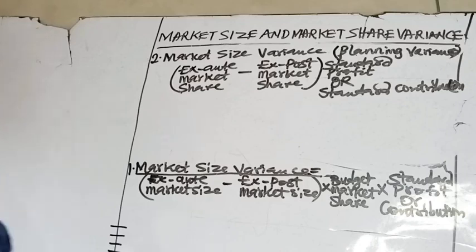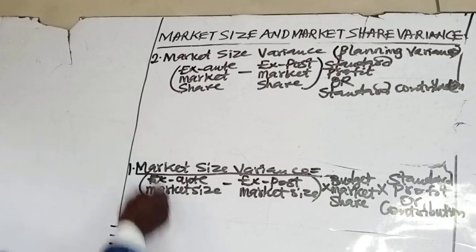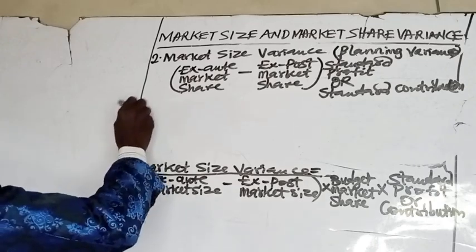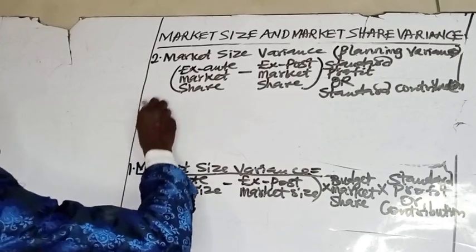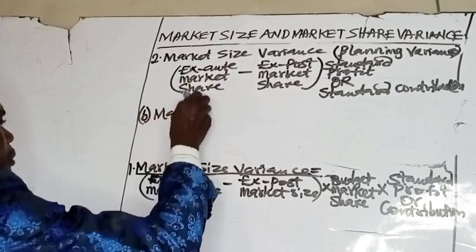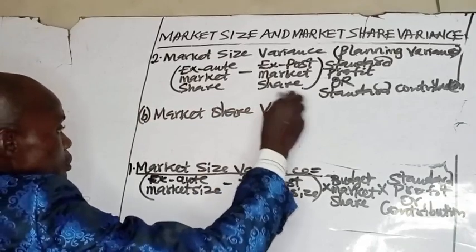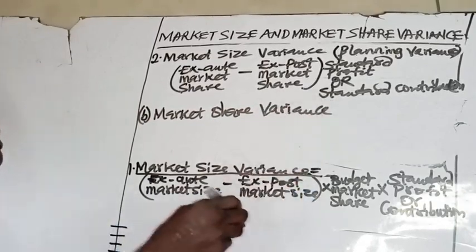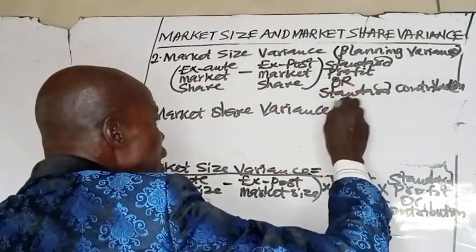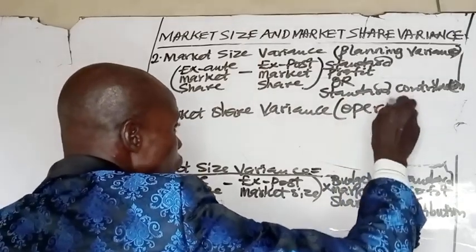Remember, the second variance, let me call that B, which is market share variance. I've told you market share variance is the operational variance for sales.